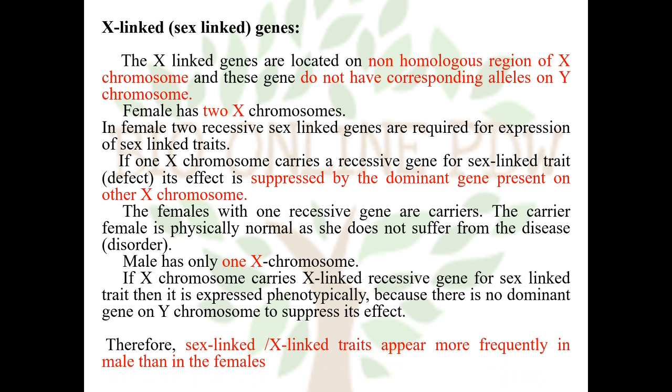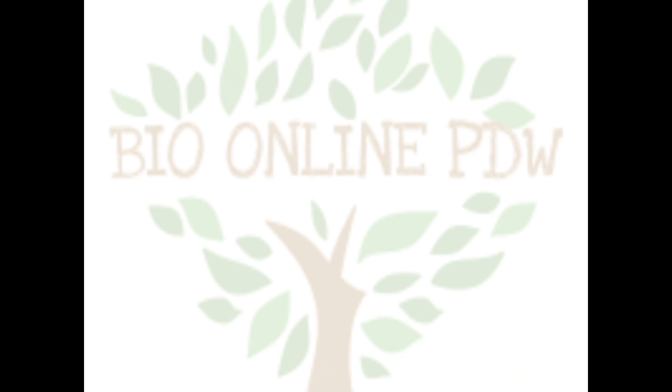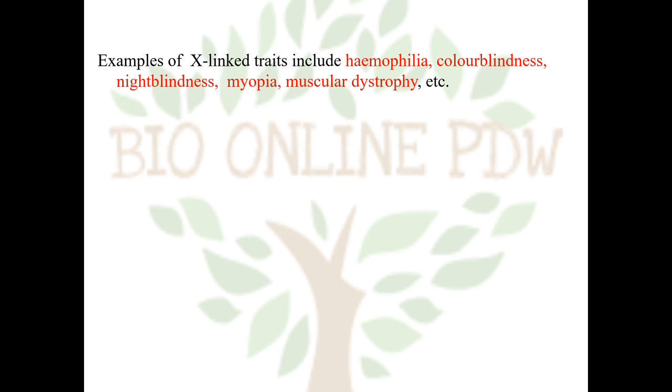Therefore, students, the sex-linked or X-linked traits appear more frequently in males than in females. Examples of X-linked traits include haemophilia, colorblindness, night blindness, myopia or short-sightedness, and muscular dystrophy, etc.